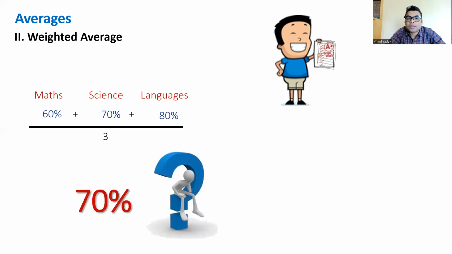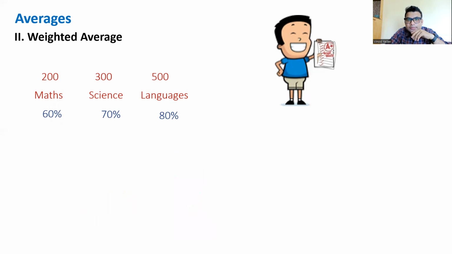Let's say if all of them are out of 100, then this is perfectly all right. But what if they are out of different bases? For example, maths is out of 200, science is out of 300, languages are out of 500. Then of course this answer will be wrong, right?